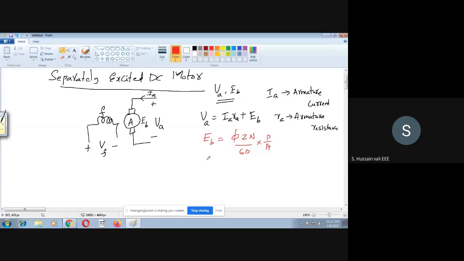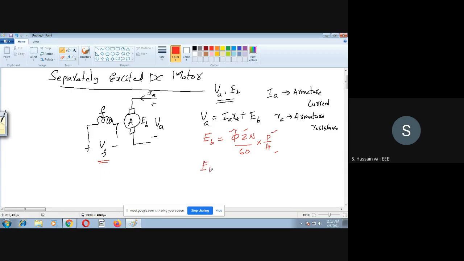For the separately excited DC motor, phi is constant because you are not disturbing VF here. Z, the number of conductors, is also constant. P, the number of poles, and A, everything is constant except the N here. So I would like to represent this entire thing with a constant.